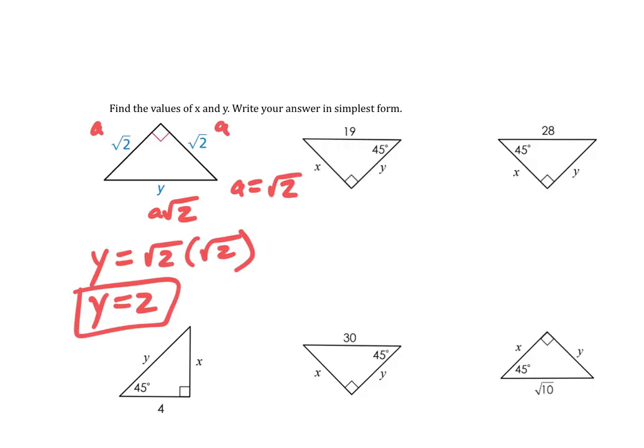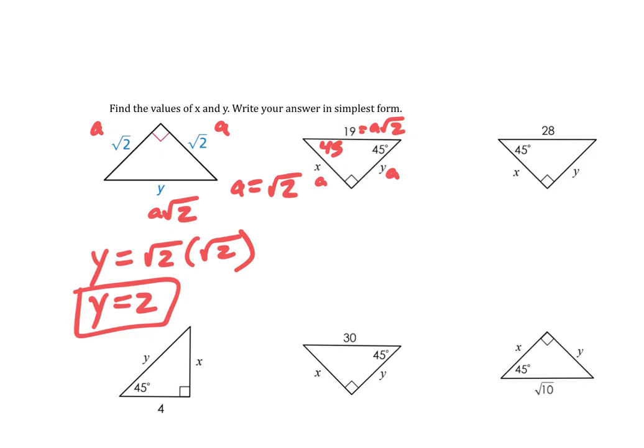Okay, over here. We'll lay it up there. They have them labeled as X and Y, but what we know, and this is where this is helpful, we know this is a 45, 45, 90. So even though they have it labeled as X and Y, what we now know about X and Y in this particular instance is X and Y are actually the same thing because they're both A. The hypotenuse is A radical 2.